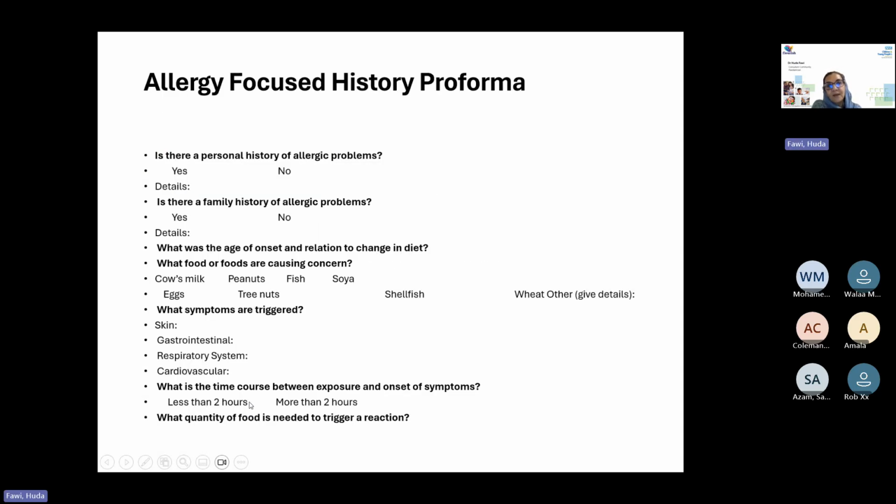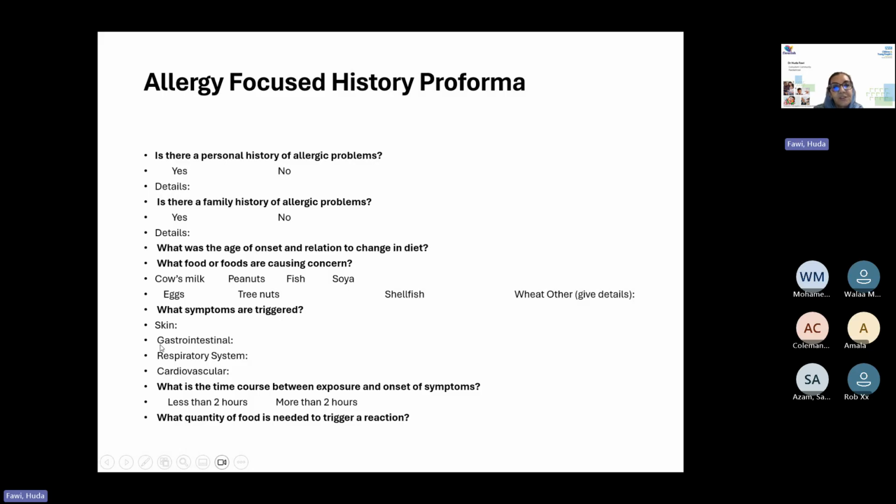So this is the allergy-focused history proforma that we have, which is nationally used. So the personal history of allergic problems, the family history, the age of onset in relation to the change of diet, and you ask about all these foods, and you give details. And what are the symptoms?